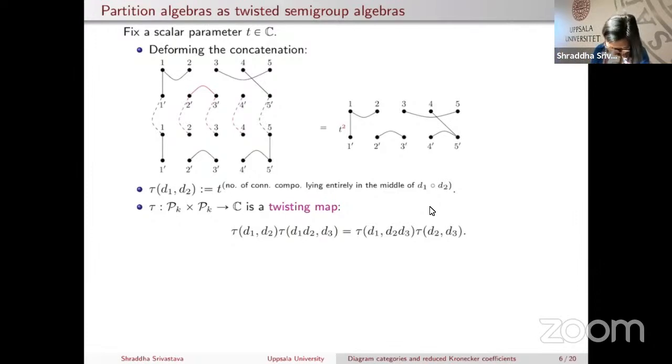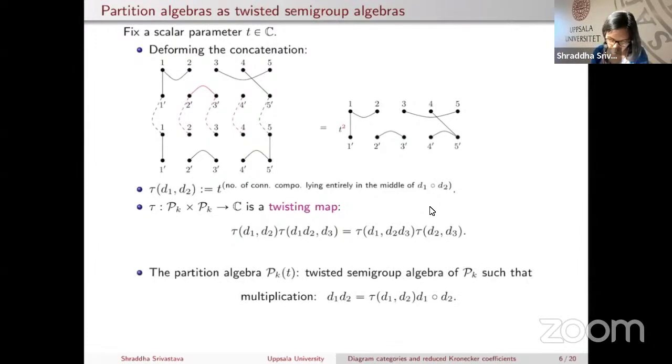And this is what Wilcox basically observed: that the partition algebra is basically a twisted semigroup algebra of the partition monad, where the multiplication is deformed by a given twisting map.